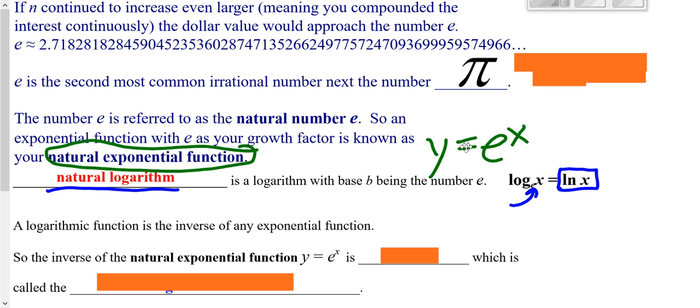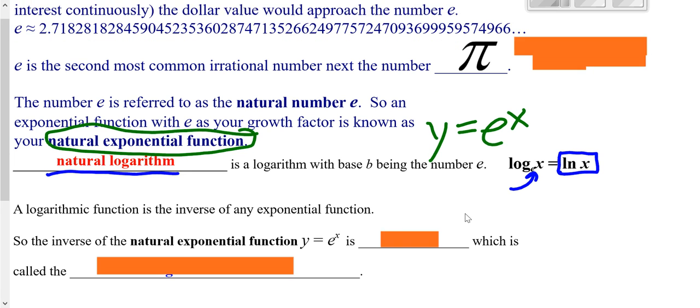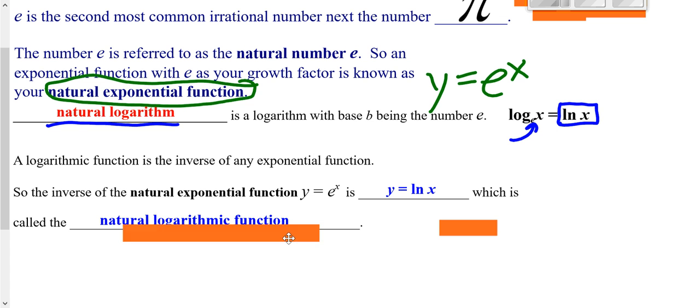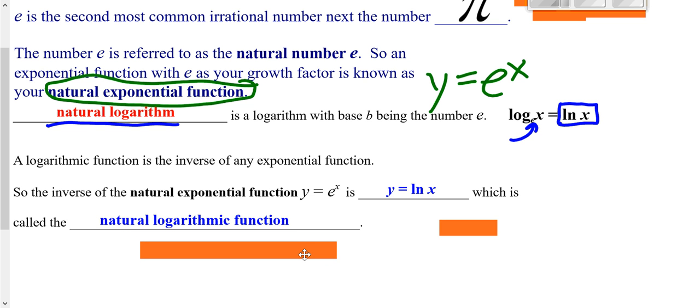So your calculator likes your common log, the log button on your calculator, and it likes natural logs, or log base e. So the inverse of any exponential function is a logarithmic function. So the inverse of your natural exponential function is your natural log of x, which is your natural logarithmic function.